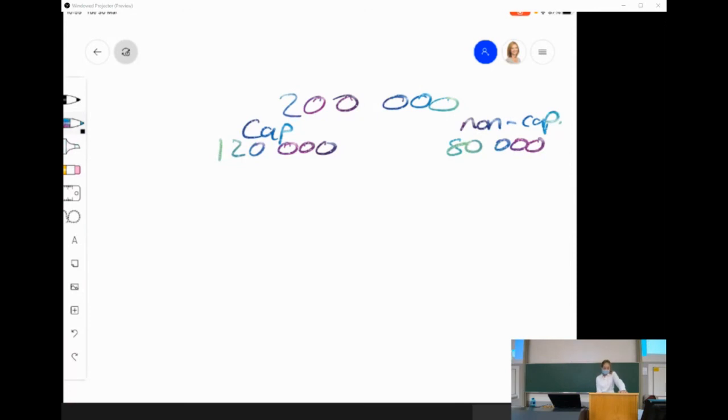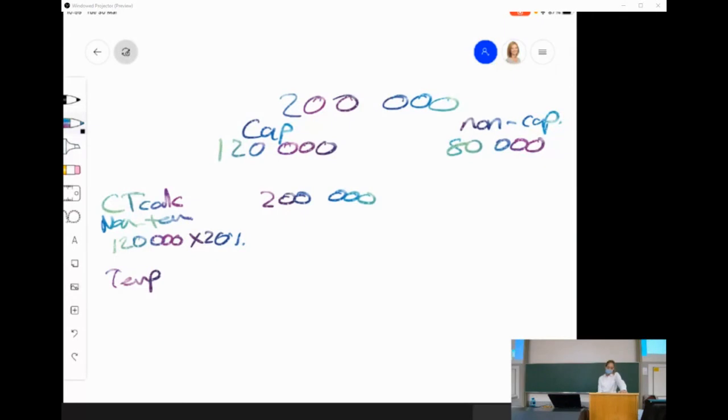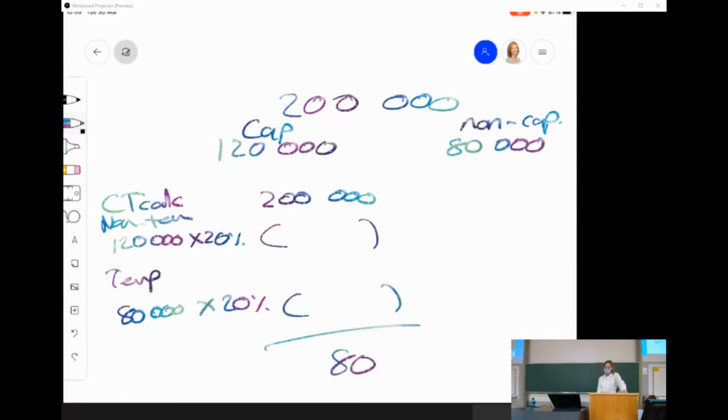So in our current tax calc, we start off with the 200,000, and then we're saying, remember for the capital gain, 20% of that is not taxable. So we're deducting that amount here, and that's the non-temporary difference. Under our temporary difference, we take the non-capital amount, and we deduct the 20%, so that in the end we are left with the 80%.